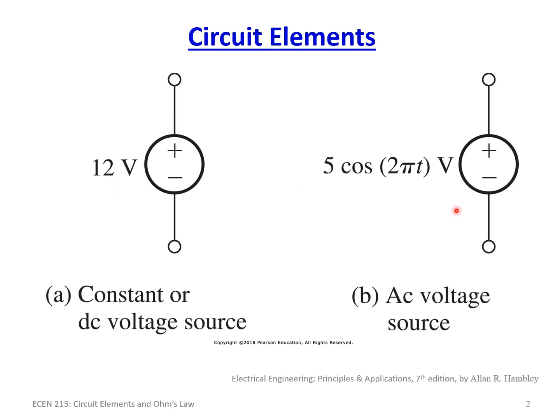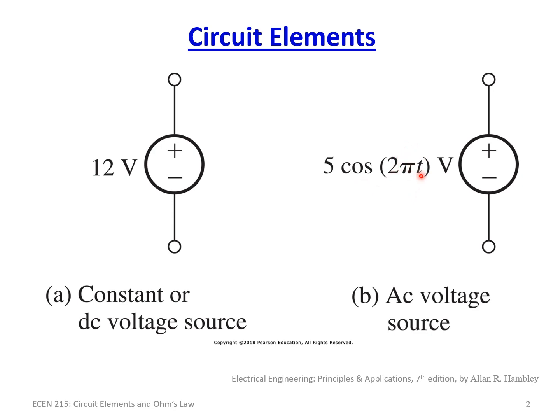Whereas here we have an AC voltage source. This power supply instead produces an alternating voltage. The average voltage of the supply is 0 volts, and in this case it's going to produce 5 volts times cosine 2 pi t, where the 2 pi is a frequency component.